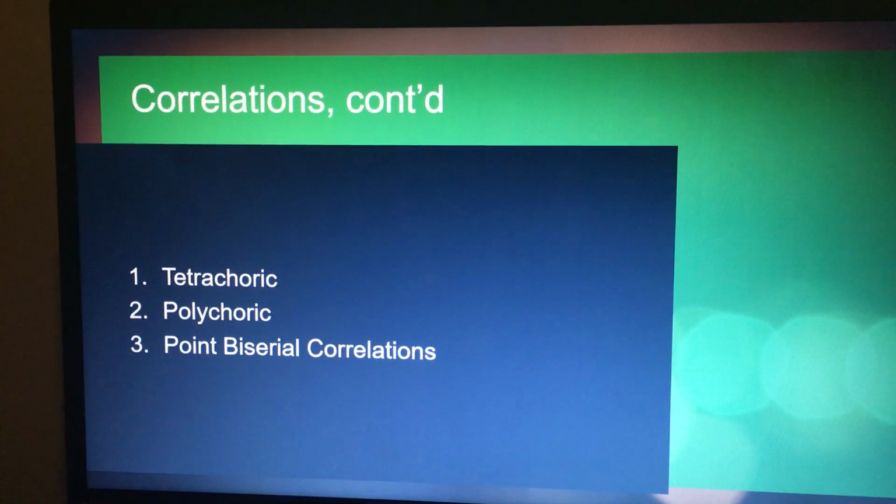But there is a good chance that you'll also see a phi coefficient, a Cramer's V, one of the special correlations like a tetrachoric, polychoric, or a point biserial correlation, or one of the many other correlations that exist that we didn't talk about.